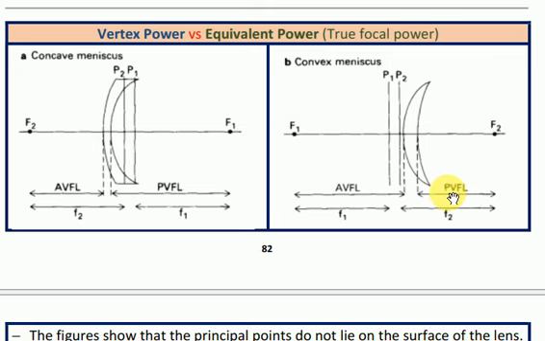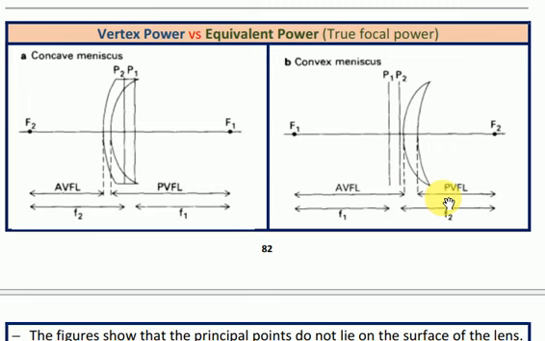The reciprocal of the posterior vertex focal length, if expressed in meters, is the posterior vertex power, expressed in diopters. An alternative term is the back vertex power.